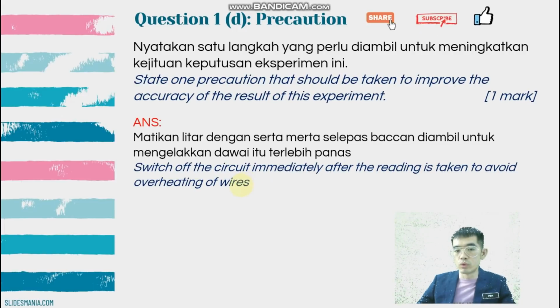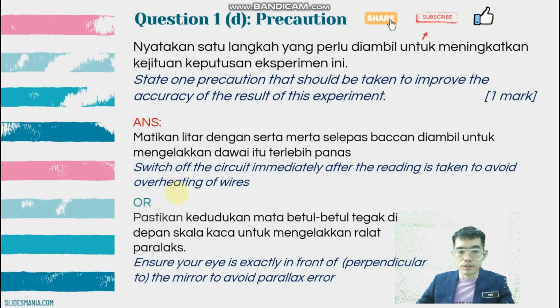That means you have to open your switch after taking the reading, to avoid overheating. The second precaution: you can write ensure your eyes are exactly in front of, or perpendicular to, the mirror of the ammeter and the voltmeter, to avoid parallax error. So this is the discussion for precaution.